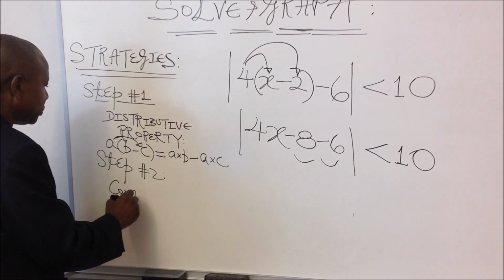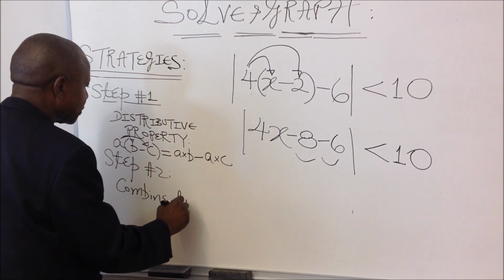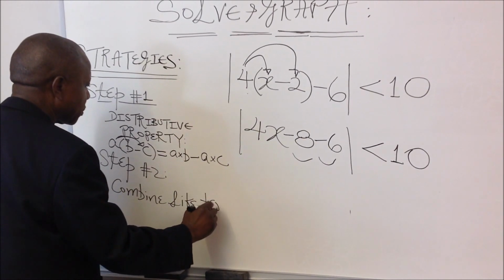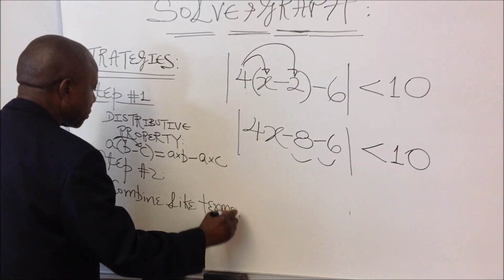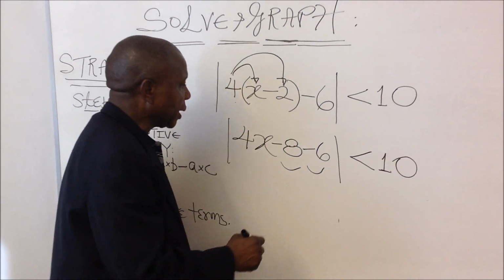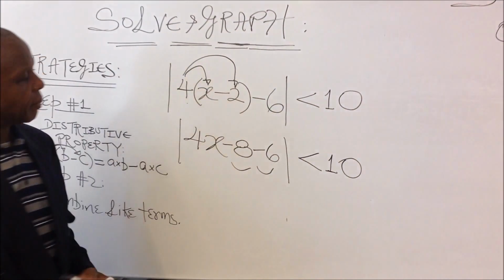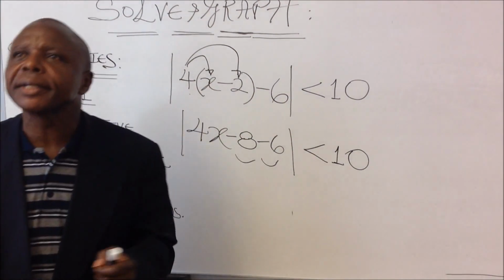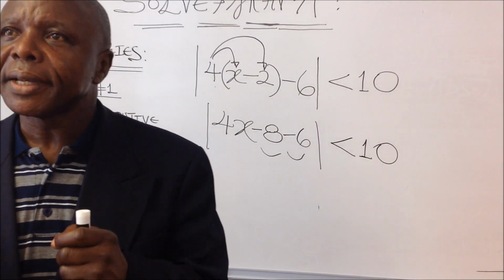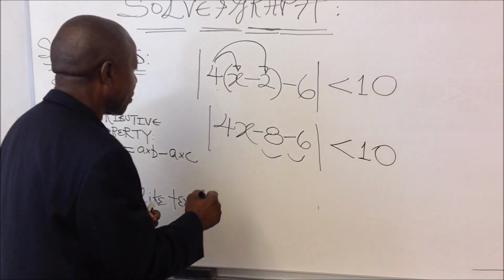Combine like terms. So therefore, our like terms, of course, will be negative 8 and negative 6. So what is negative 8 minus 6? Well, negative 8 minus 6 will be negative 14.